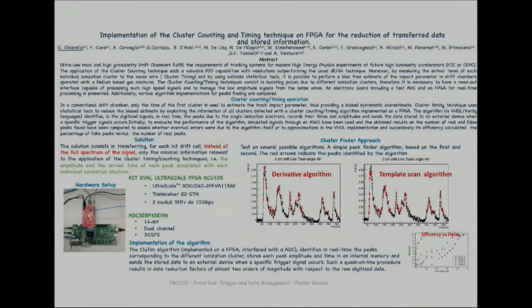Cluster counting with FPGAs is an example here. It's again high granularity, and you have to do the tracking. This is the summary slide, and I find it contains quite a lot of information for a summary slide.